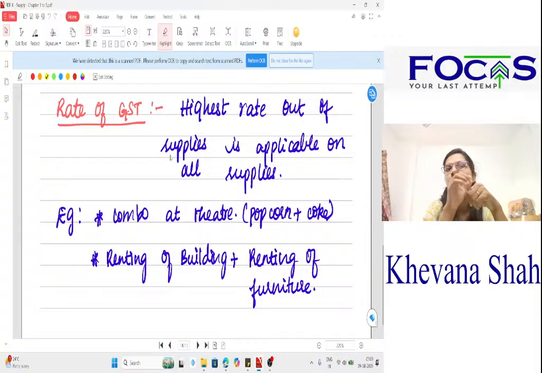So between these two, the highest rate applicable is that of Coke, that is 15%. So on this entire supply of popcorn plus Coke, I will be levying 15% GST, that is the highest rate out of the supplies. Okay, so I am applying the highest rate, that is 15%.